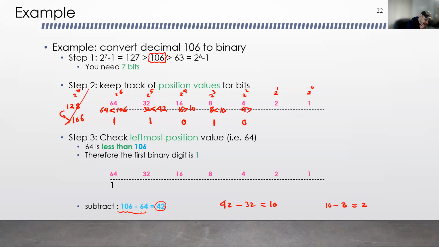So 4 here is greater than 2. But 2 is equal to 2, and that's fine. So you're going to put 1 if it's less than or equal. Then you subtract, 2 minus 2 is 0.